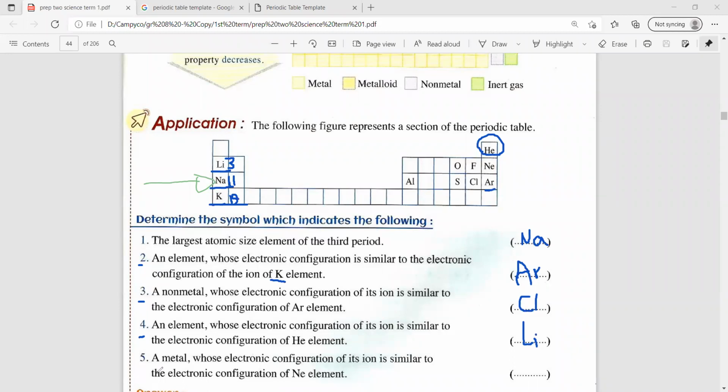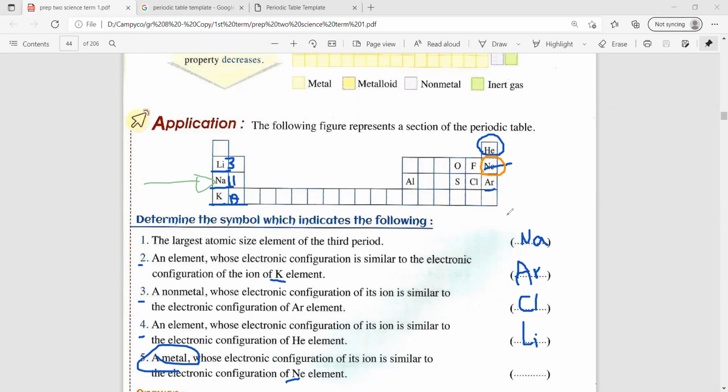Farah? A metal whose electronic configuration of its ion is similar to the electronic configuration of neon. A metal that will be like neon. When they become ions, when they lose, because it's a metal.